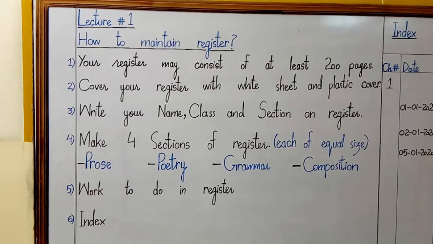Then I told you about writing your name, class and section on your register. Then we discussed the 4 sections of register: prose, poetry, grammar and composition, each section of equal size. Then we discussed which work to do in register and which work is already given in the English notes of Iqra. Then in the end we discussed the index.